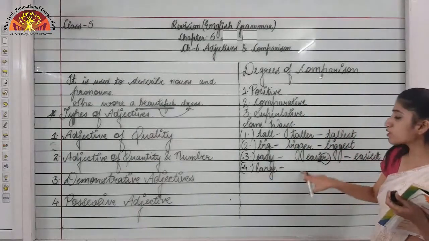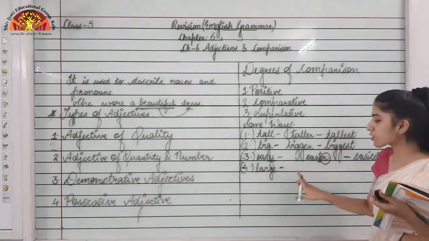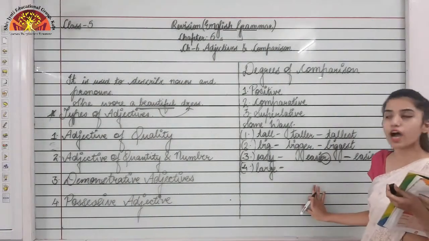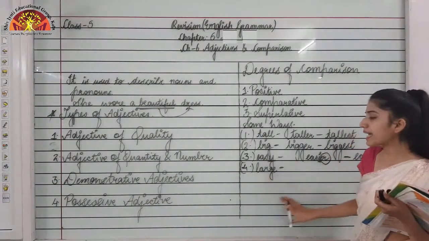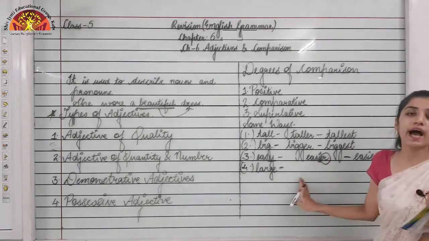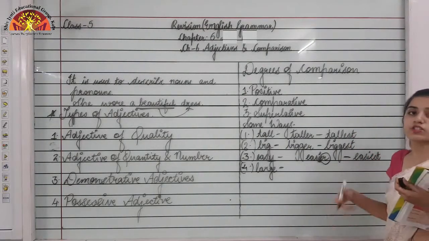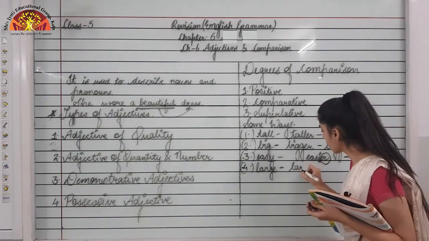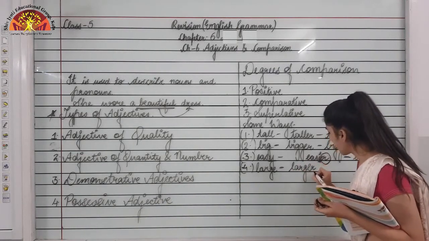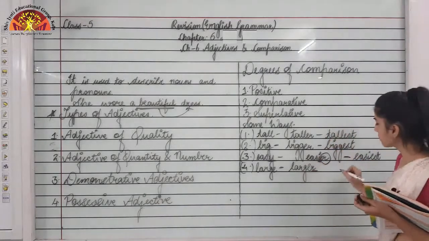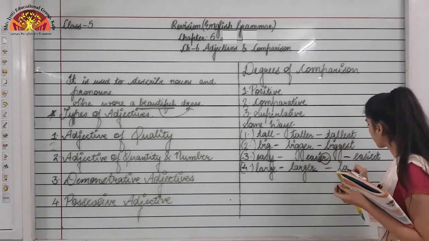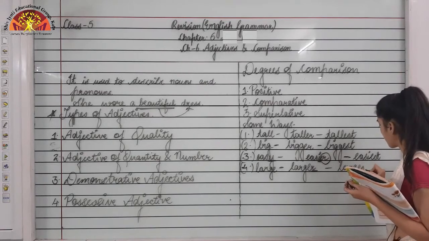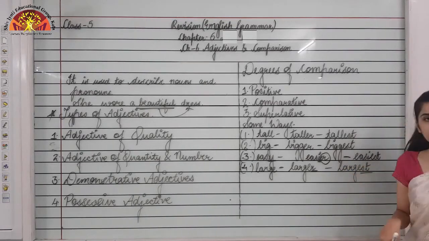So to make the comparative and superlative degree of large, what would we do? We'll just add R in the comparative degree and we'll just add st in the superlative degree. Okay. So larger, I just added R, right? And largest, I just added st.